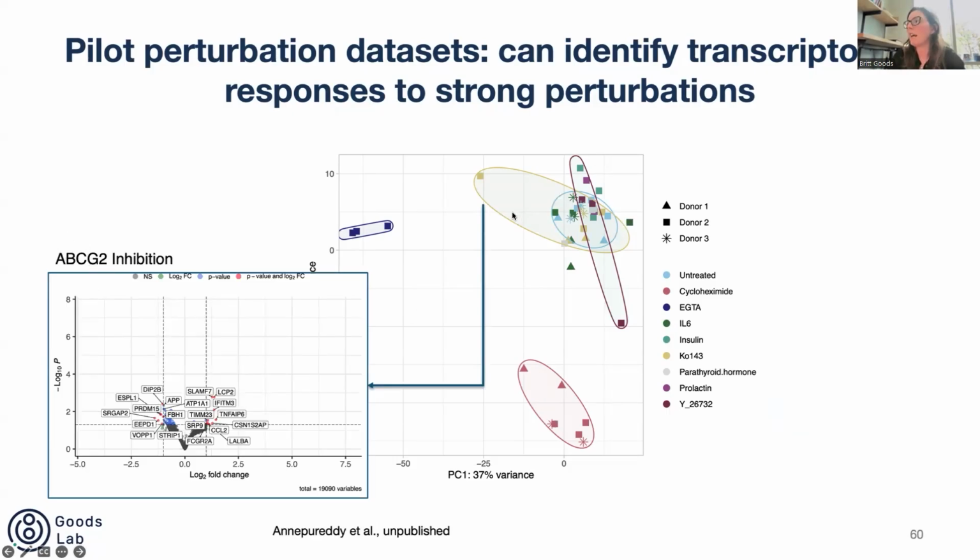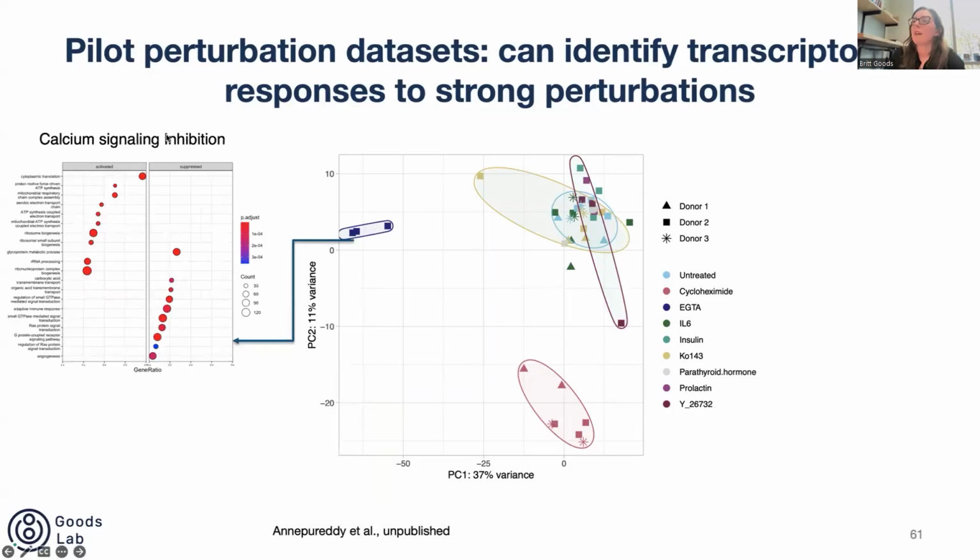I don't think this is exclusive to this particular transporter, at least in the concentration range that we were using. But one thing you can appreciate is that when we treat lactocytes with KO143, we do see some differences in gene expression. When we inhibit calcium signaling, we see strong decreases in pathways that are related to secondary messengers, which makes a lot of sense.